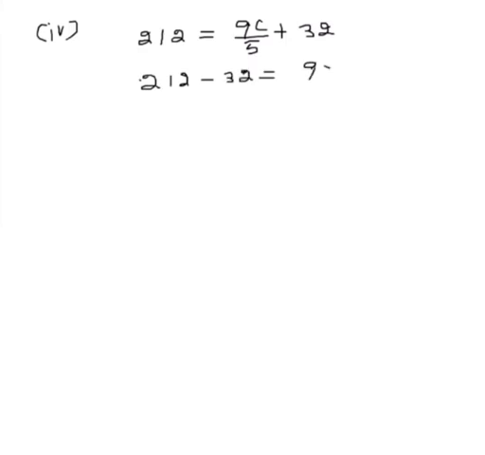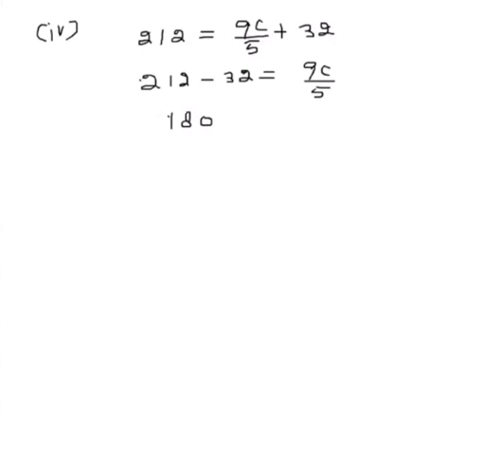The last subdivision of the fourth question. The value of c when t of c is 212. So substitute t of c itself as 212. 9c by 5 plus 32, we have to find the value of c. 212 minus 32 is equal to 9c by 5.